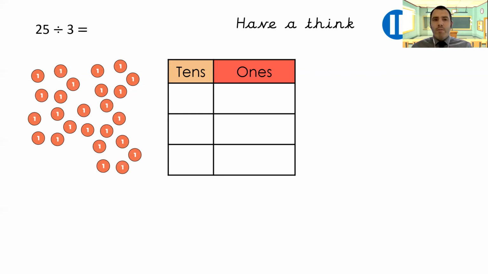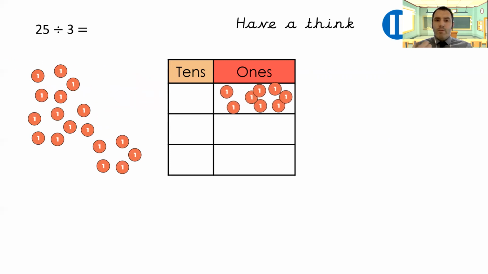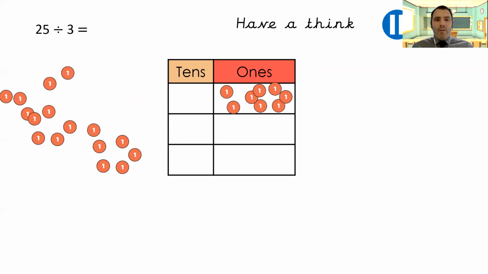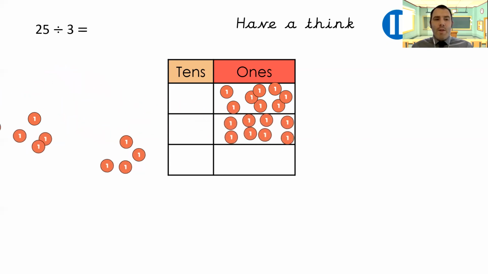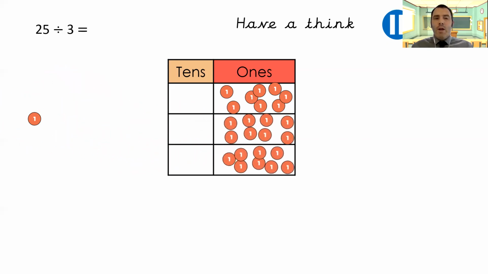Need to sort them through. So I'm going to go one by one if we're doing this, drawing them out. So I know my first row, I've got 1, 2, 3, 4, 5, 6, 7, 8 in there. Second row will have 8 again. Third row will have 8 again. So 8 threes: 3, 6, 9, 12, 15, 18, 21, 24.